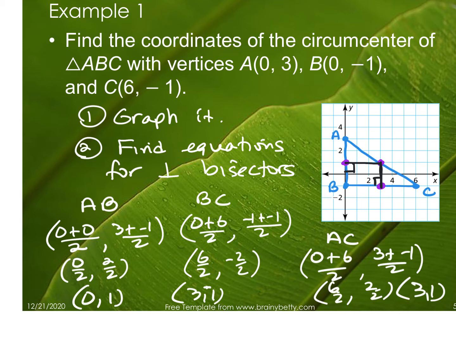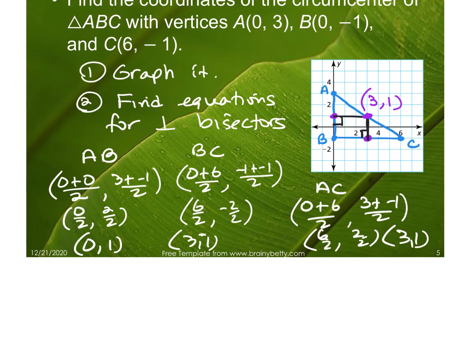I can already see my point of concurrency is this ordered pair (3, 1), because it's always going to be located on the right triangle. But just to go through officially and come up with these two equations of the perpendicular bisectors, remember whenever it's a vertical line, this is actually the equation x equals 3.